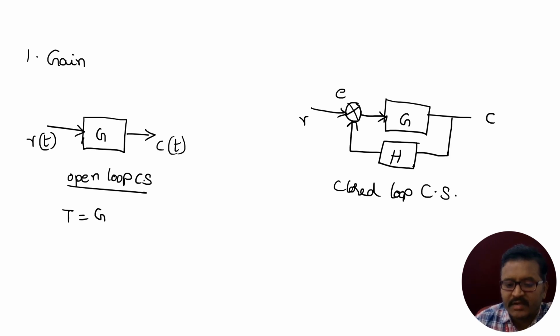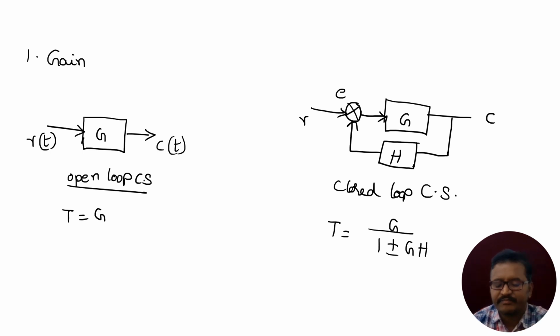Now in this case the transfer function is T equal to G by 1 plus or minus GH. If a positive feedback, the gain is G by 1 minus GH. If we consider a negative feedback, then it will be G by 1 plus GH. So from a gain point of view, for an open loop control system the gain is G, whereas in a closed loop control system the gain is G by 1 plus or minus GH.